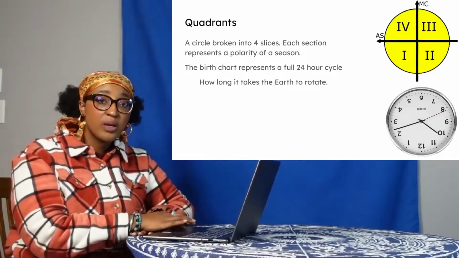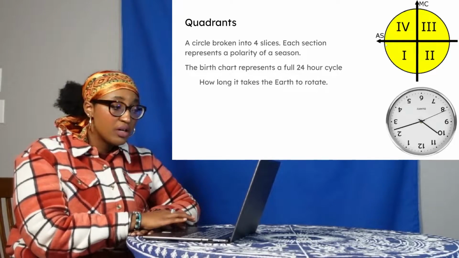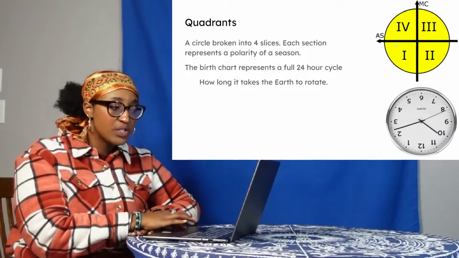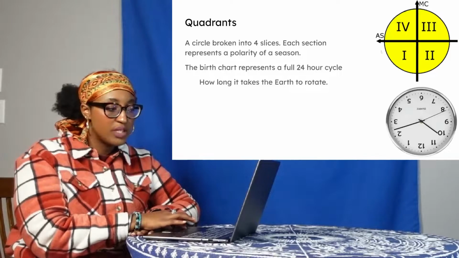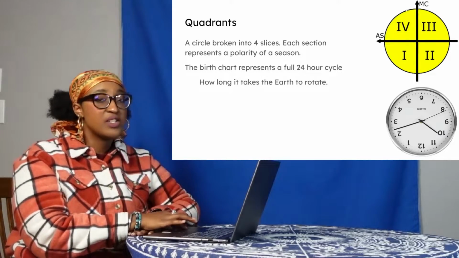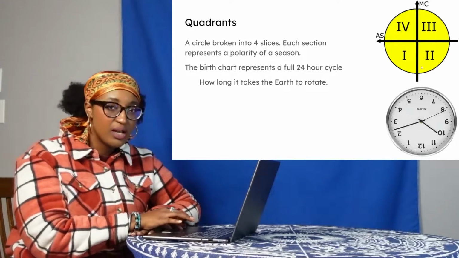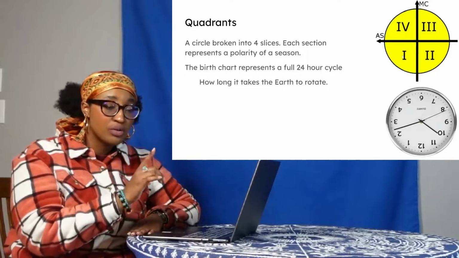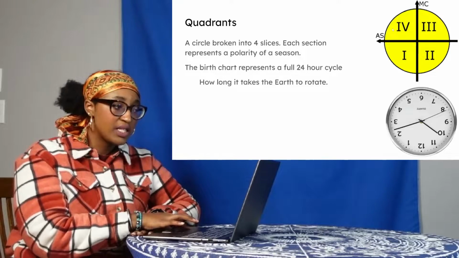So, as I was talking about quadrants in astrology or in your birth chart, Aries always starts right here in the first quadrant. So therefore this is the first house. So therefore this will be the first quadrant. And as I said, Earth rotates in this direction, and as you saw in the other chart, if the first house was right here, it was moving in this direction.